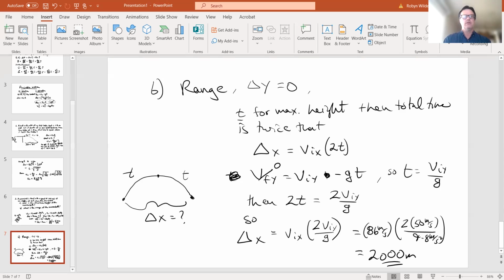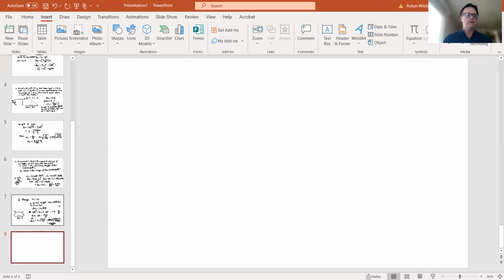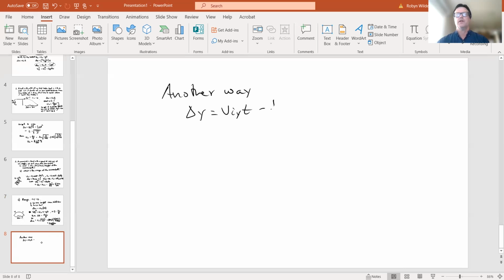There is another way to do this problem, and I believe this is what they do in the book. So let me just talk about that real quickly. The other way you could do this problem is to just use your delta y equals v_iy t minus 1/2 g t squared.